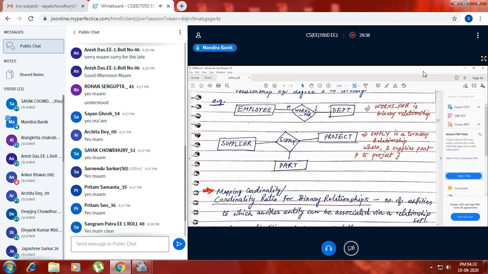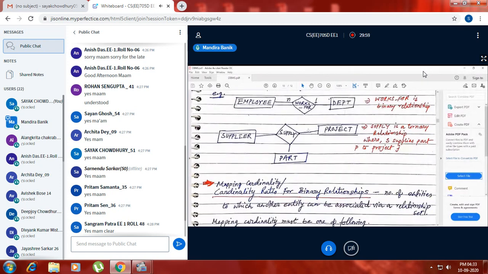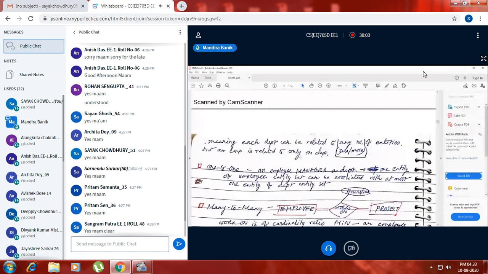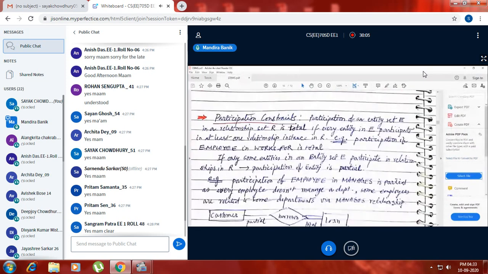Employee works for department. Obviously all the employees work for some department, no employee is without a department. That's why the participation of the employee in the works for relationship is total. It is not shown here because till now you have not learned that. So that is the definition of total and partial participation.